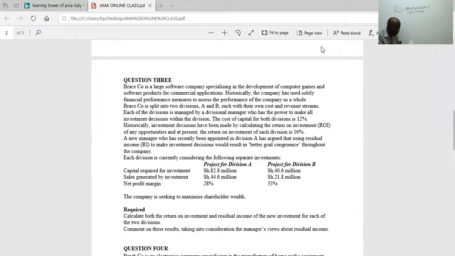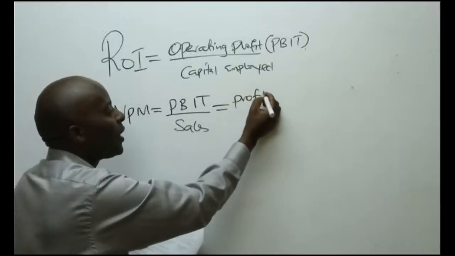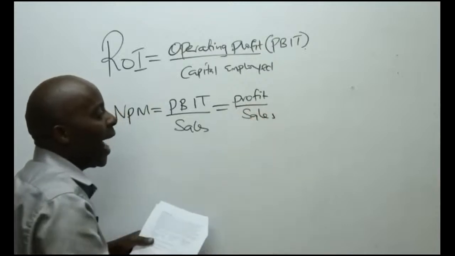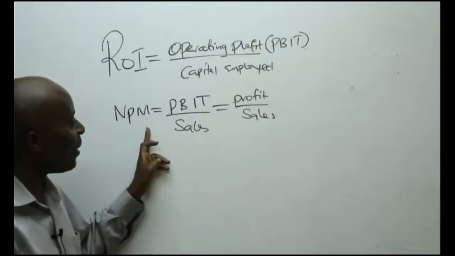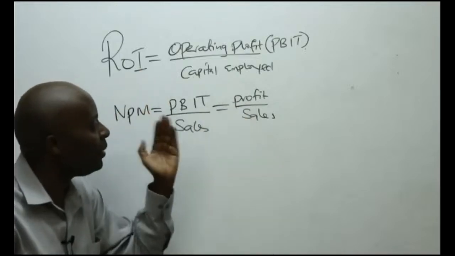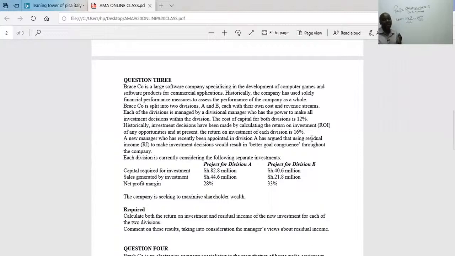Remember, net profit margin is profit divided by sales, and specifically the profit we work with is PBIT, profit before interest and tax.